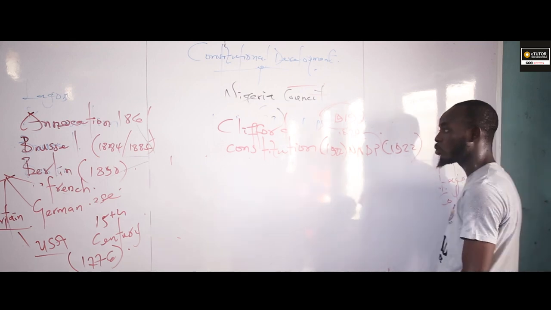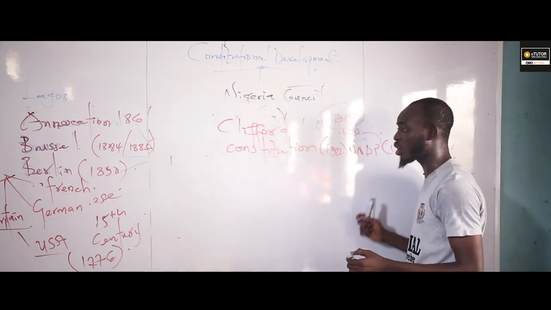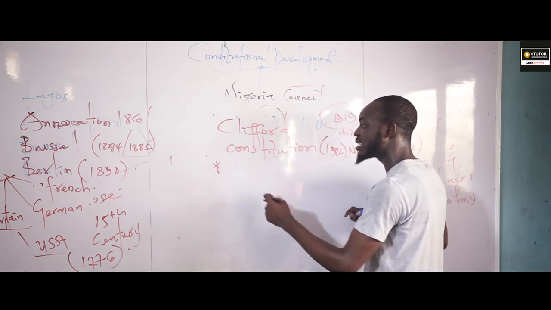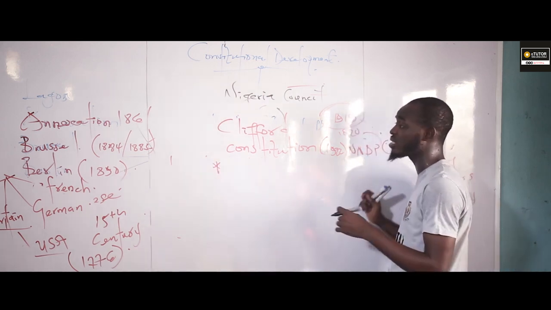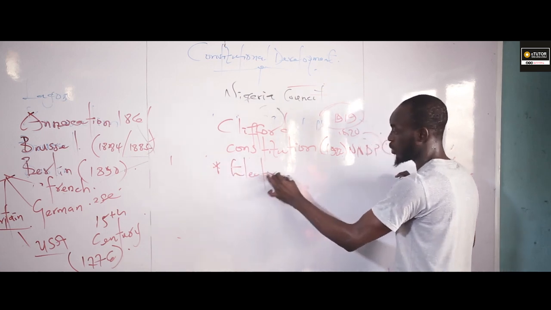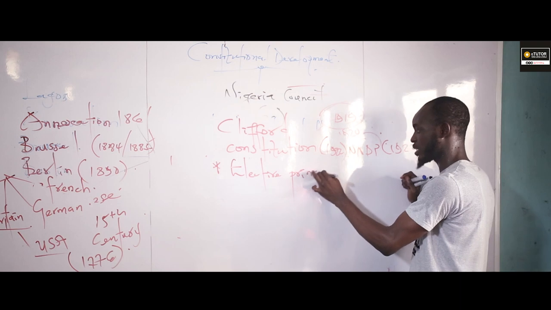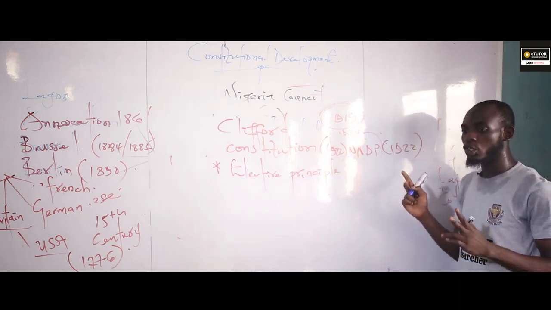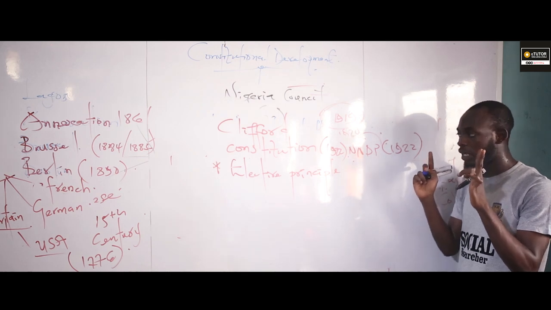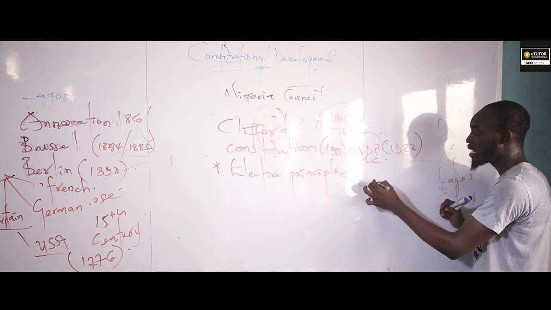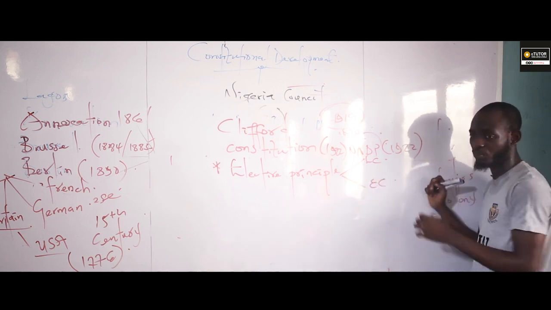So let's now move to the essential characteristics of the Clifford Constitution. Number one, the first and most important characteristic of the Clifford Constitution is the elective principle. Now listen. Under the Clifford Constitution, we have two introductions: the Legislative Council and the Small Executive Council.